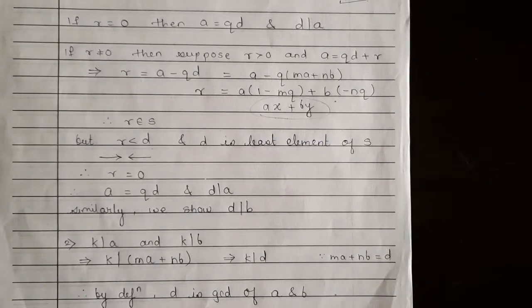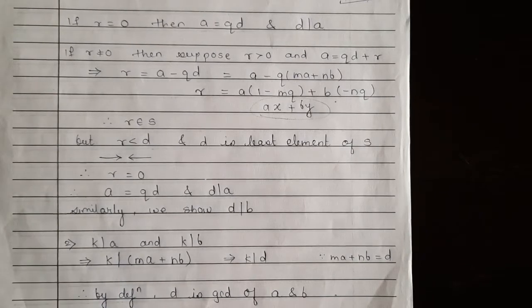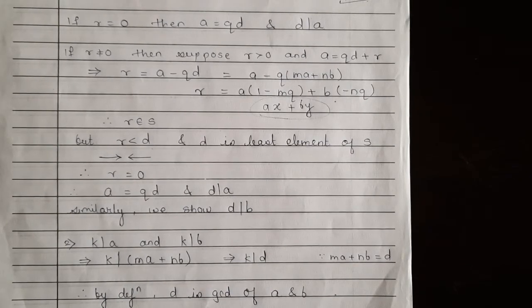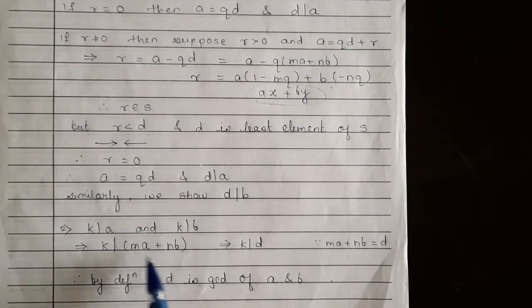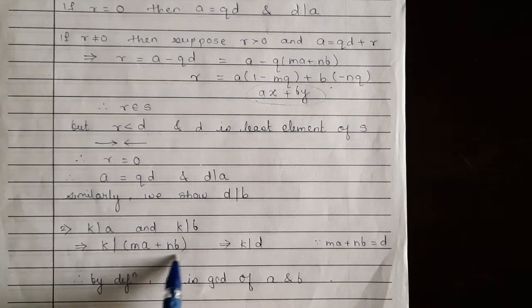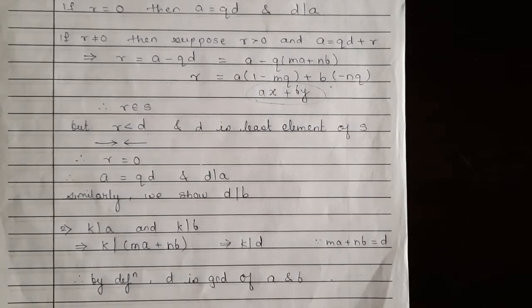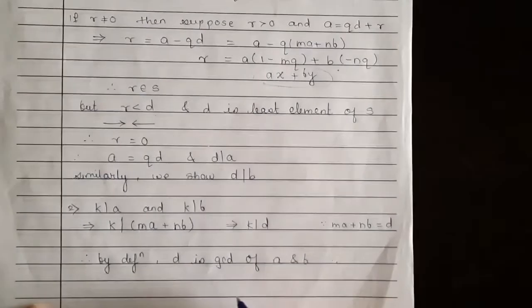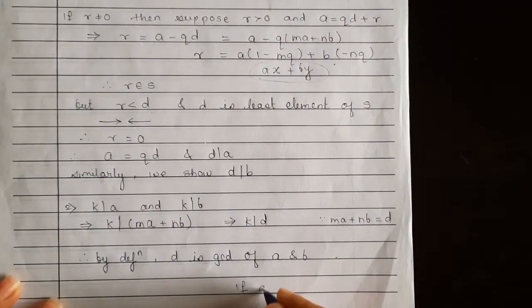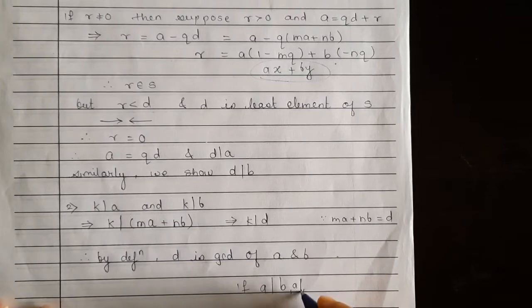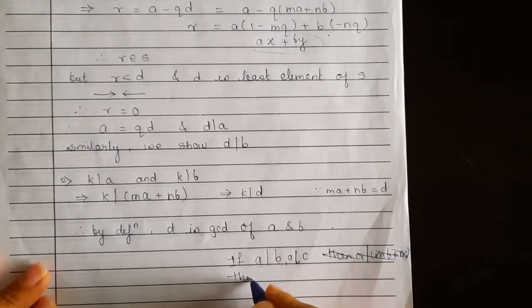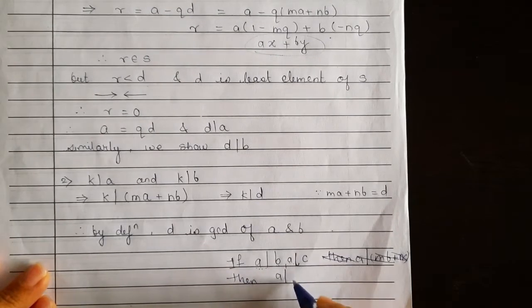Now in step 2, the definition of our GCD says K divides A and K divides B implies K divides D. This is our second step. K divides MA plus NB, because this is a property which says if A divides B and A divides C, then A divides MB plus NC.